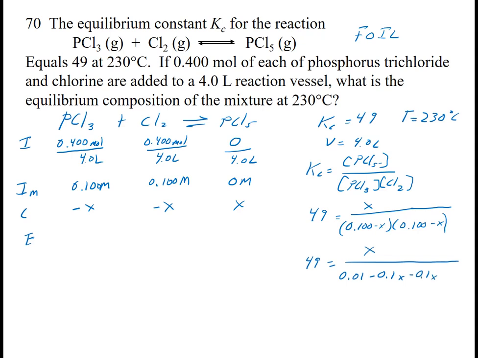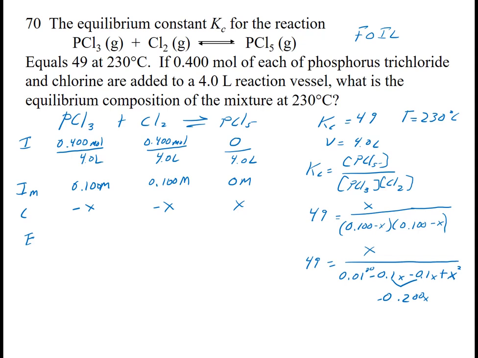And last is minus x times minus x, so it becomes a positive x squared. I'm going to combine these two terms because they're like terms, so it's going to be negative 0.200x. And this really has 3 zeros after it.